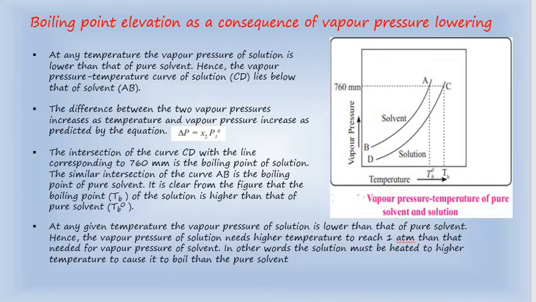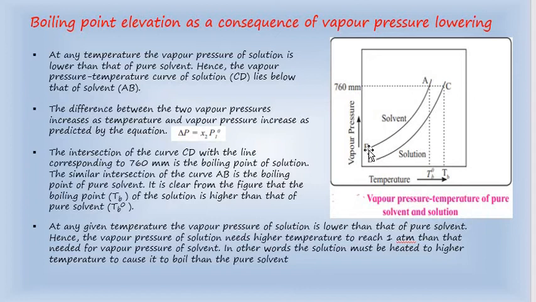Now, boiling point elevation as a consequence of vapor pressure lowering. Why is this happening? This is what we are learning here. At any temperature, the vapor pressure of solution is lower than that of pure solvent, which we have known. The pressure temperature curve for solution lies below that of solvent.